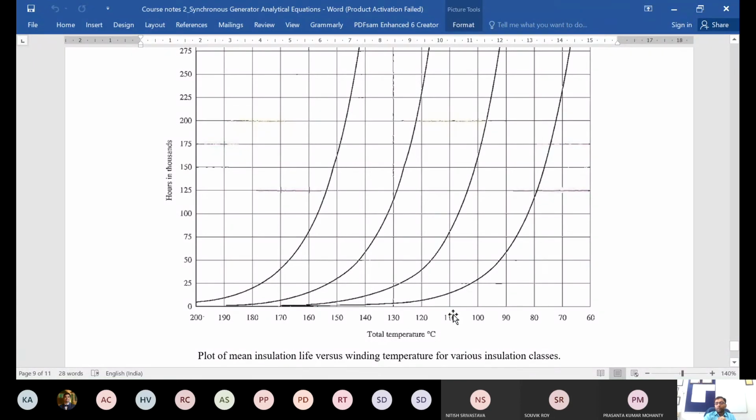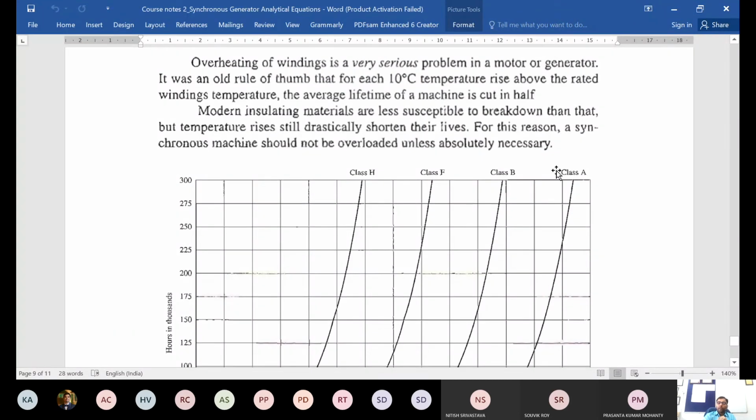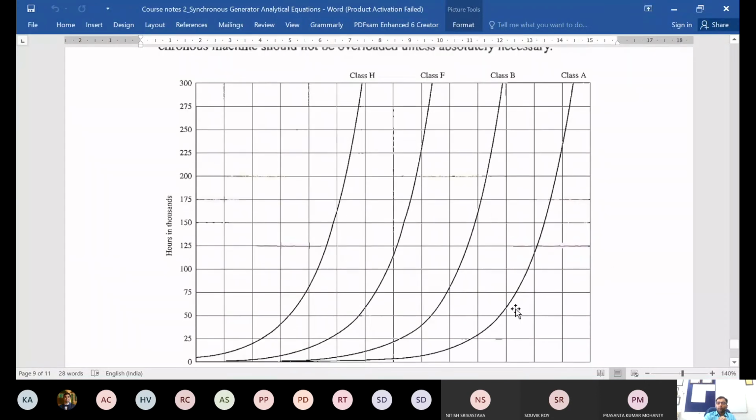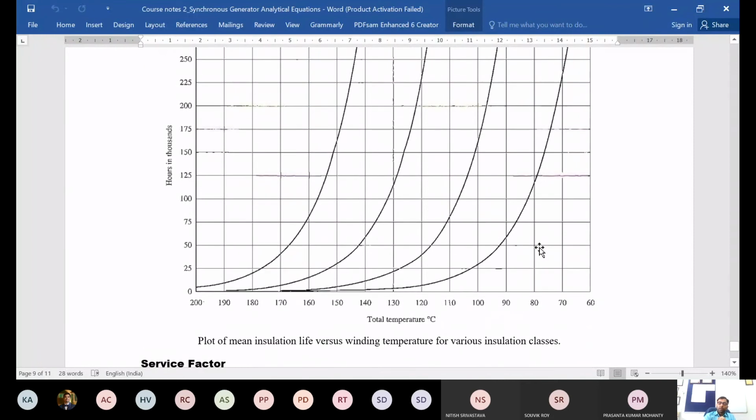But if we increase it by 10 degrees Celsius, if we operate at 90, this drops to around 60,000 hours. So that type of deteriorating effect overloading will have. So this is also important. Depending upon what type of insulation class we are using, there is a particular operating temperature range in which the machine should be safely operated.